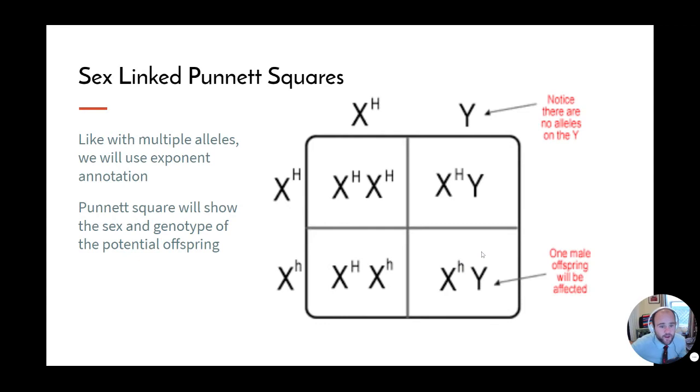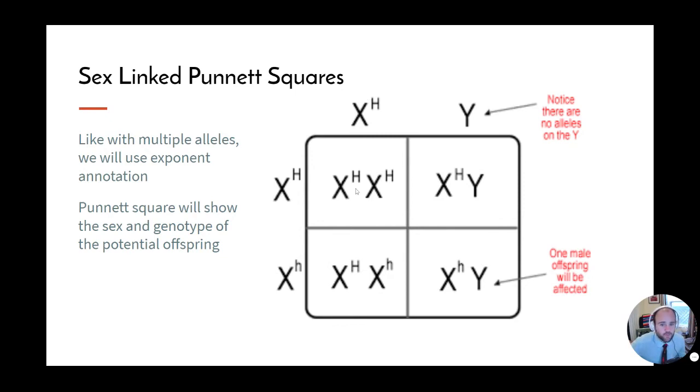When we put that into a Punnett square, you want to show the sex chromosomes in addition to the trait. So kind of like we did with multiple alleles, you want to do that exponent notation. And so you're going to have XX for the mom, XY for the dad, and no alleles associated with that Y chromosome.